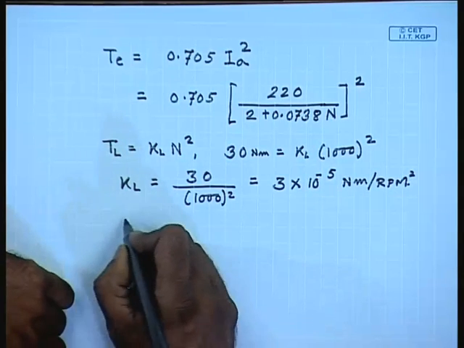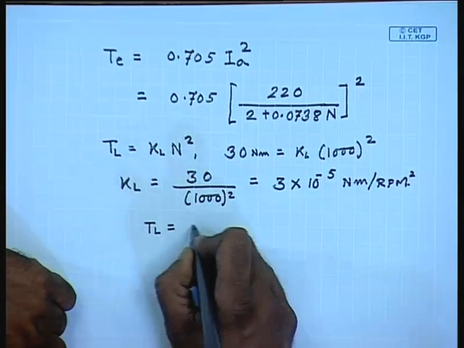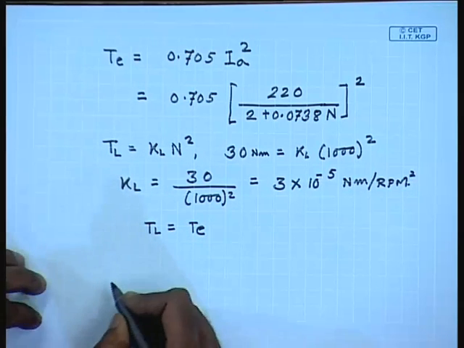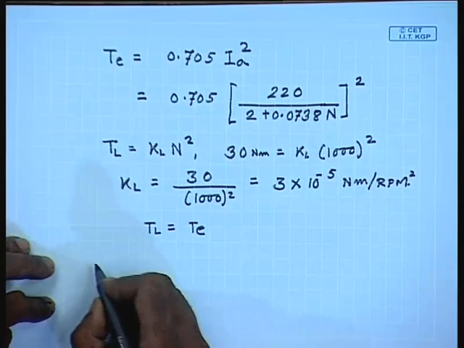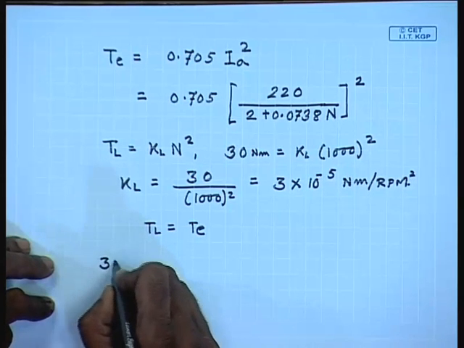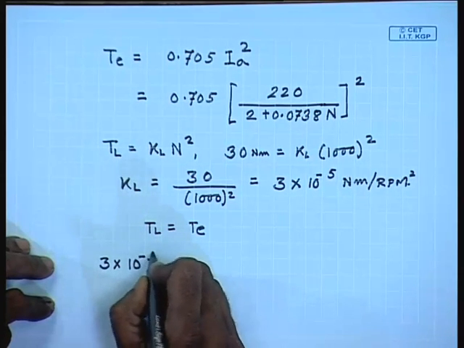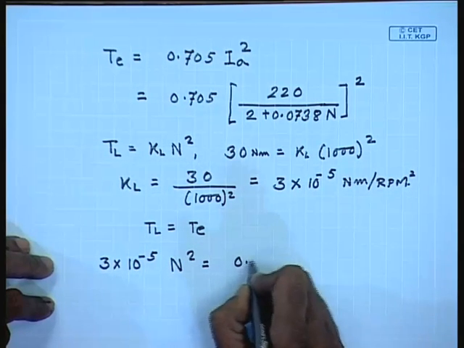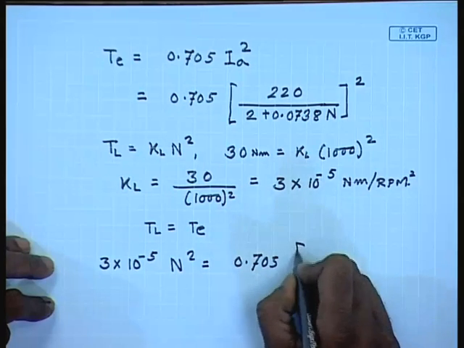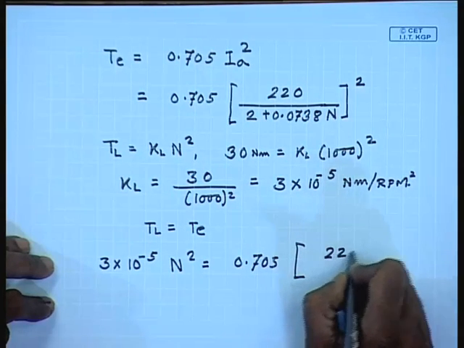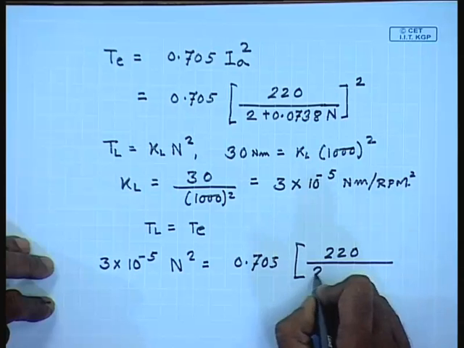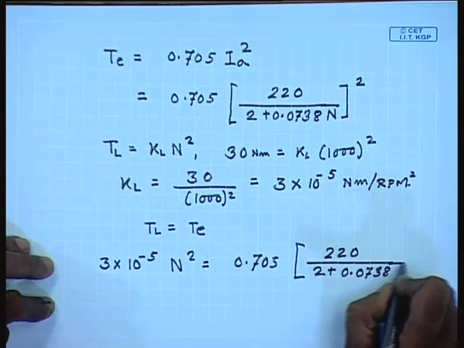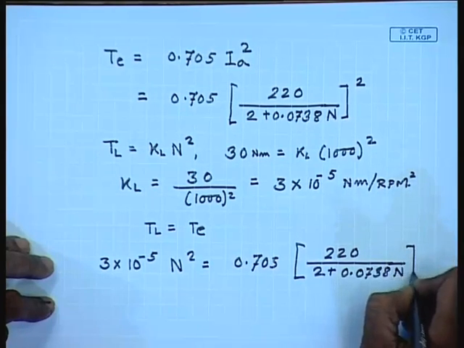Under steady state, TL equal to Te. Therefore, 3 into 10 to the power minus 5 n square equal to 0.705 into (220 divided by (2 plus 0.0738 n)) whole square.